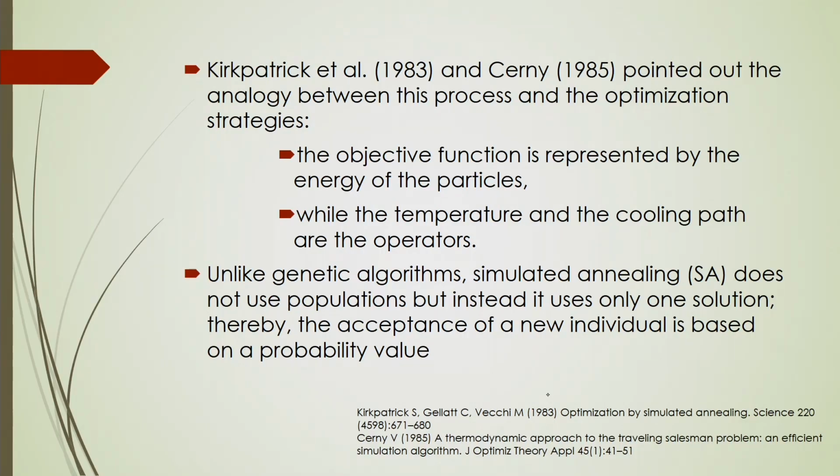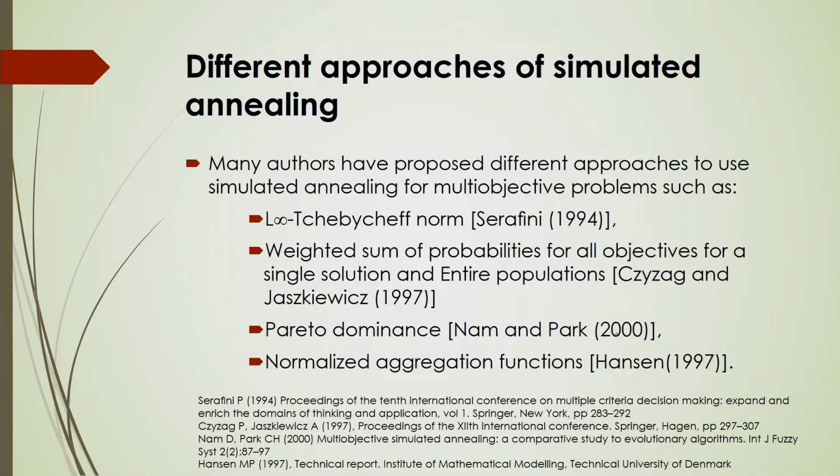So this annealing algorithm does not require any population, whereas genetic algorithms are population based. The acceptance of the new individual based on a probability value is very important for this algorithm.